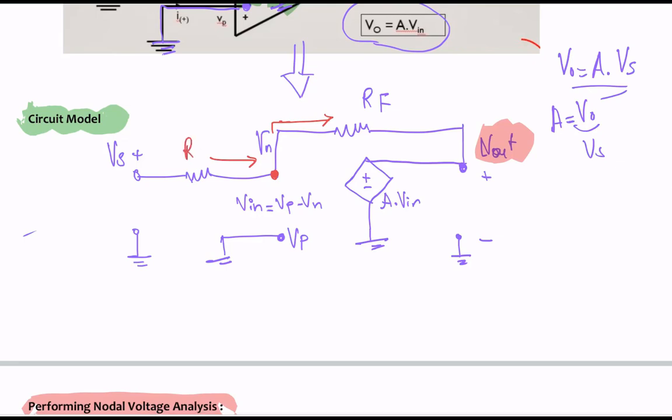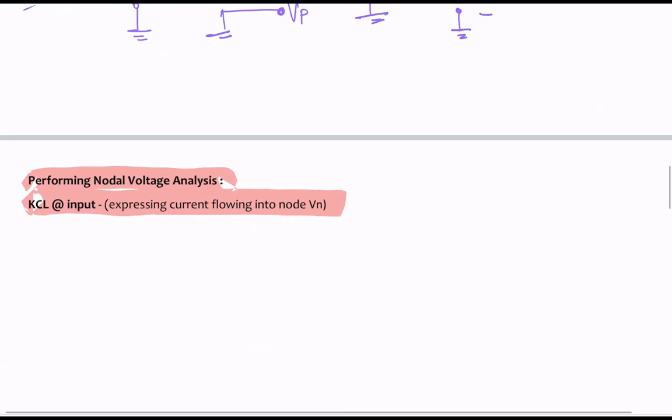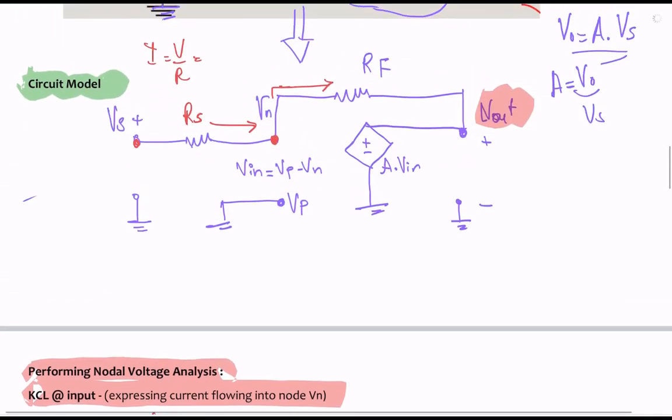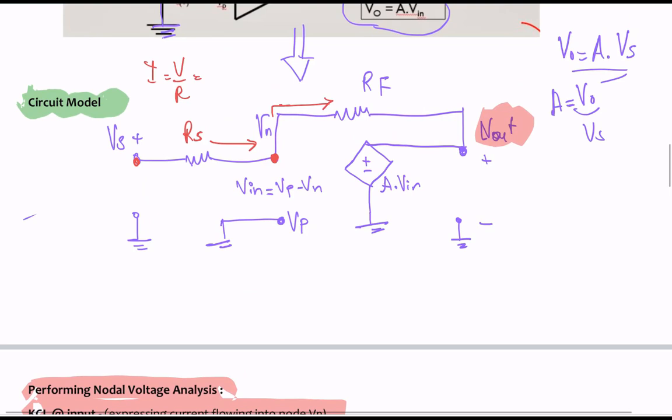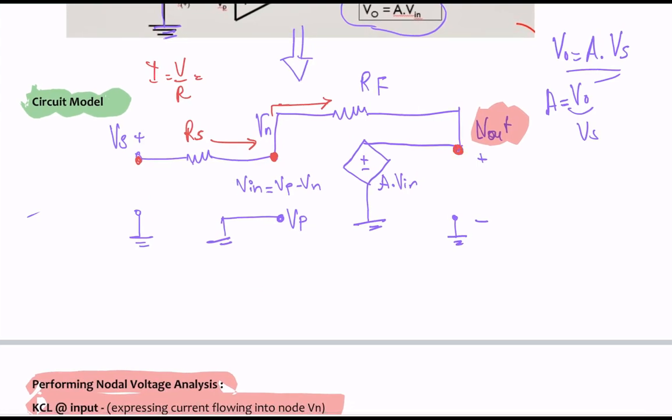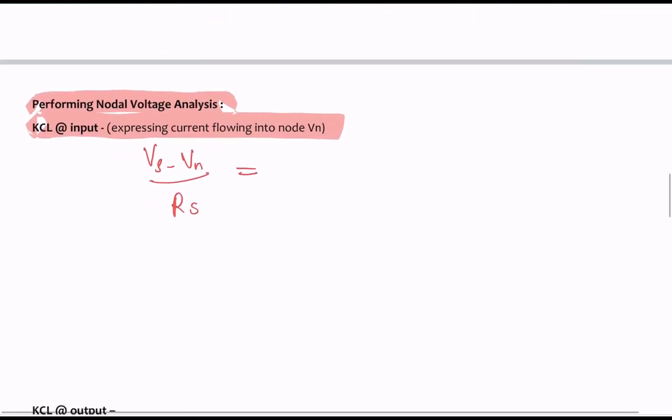Basically, you can apply Ohm's law here, right? So I equals V over R. V would be the potential difference between these two terminals, so that would be Vs minus Vn, divided by source resistance Rs. This is the current entering the node, which equals the current leaving the node. What is that current? Well, that's the potential difference between this node and this node divided by RF, so we would have Vn minus V out divided by RF.